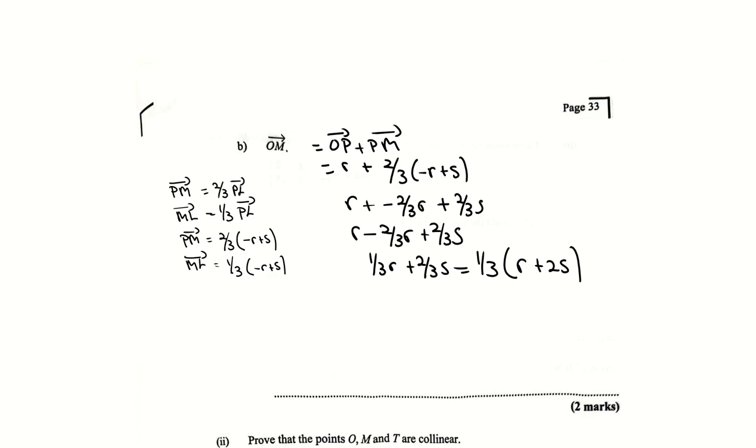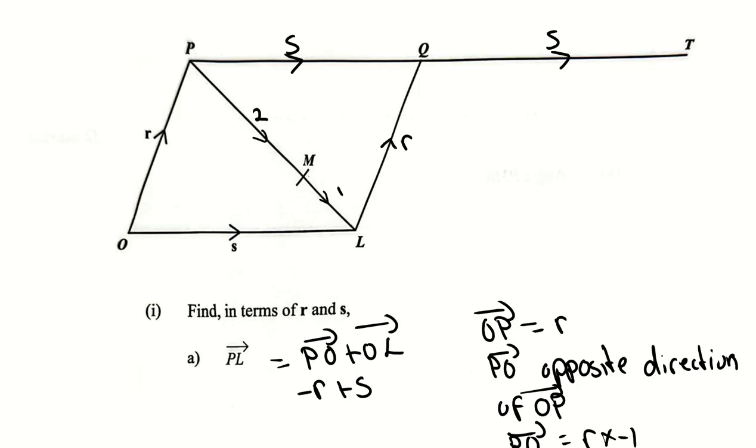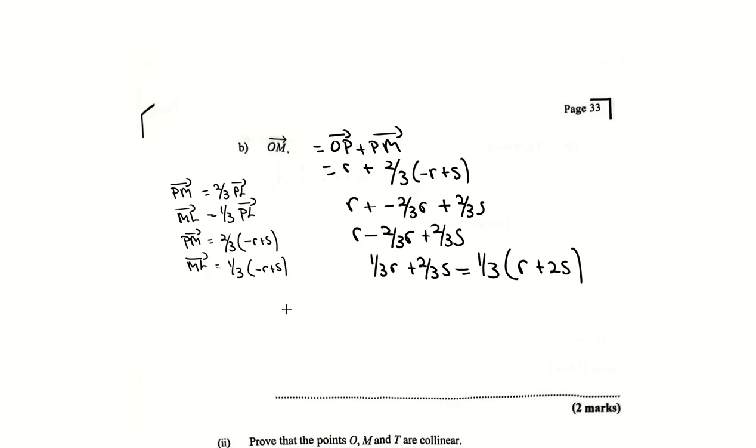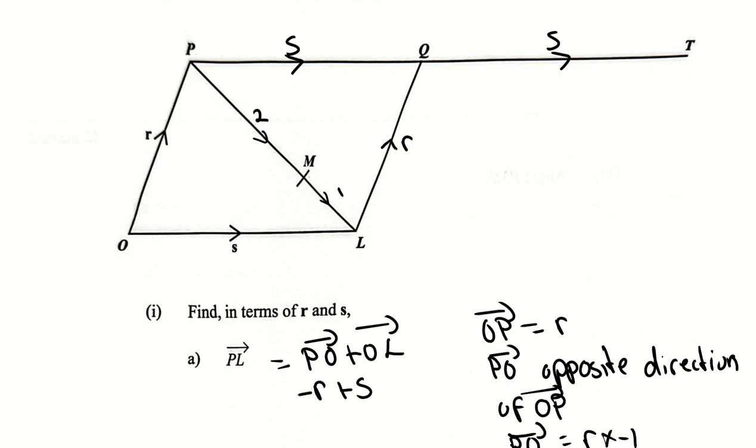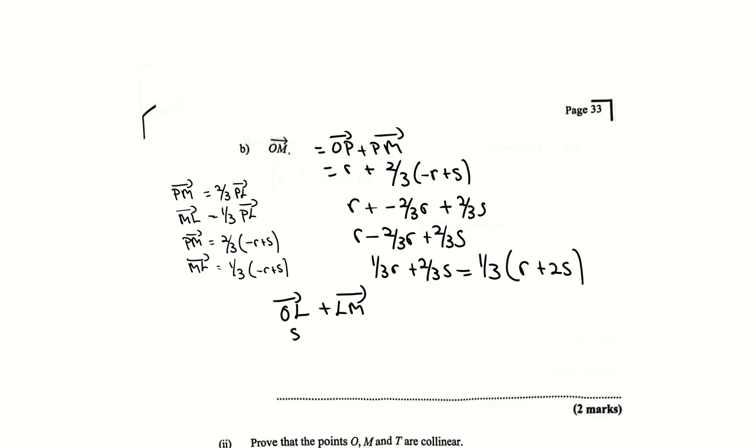If you do it the other way, which is OL to LM: we go from OL plus LM, and we know that OL is vector S. Now, we know ML is this. But because LM is going in the opposite direction of ML, you multiply this entire thing by -1.